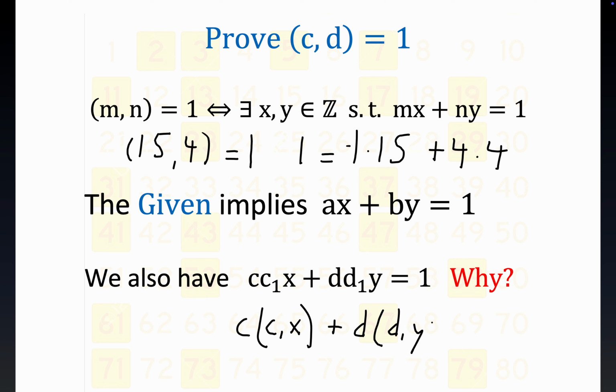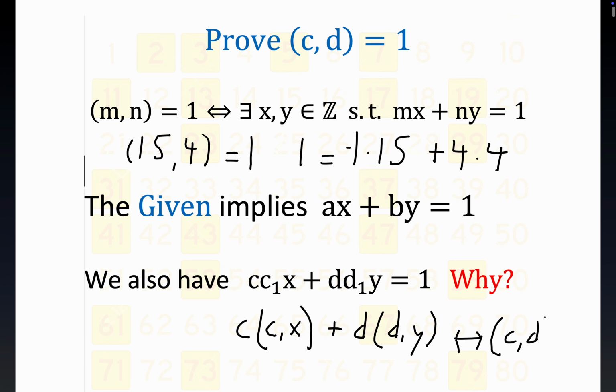You see, this implies, let me write the if and only if arrows, that the pair of integers c, d are relatively prime, or coprime. So this is a fairly simple proof. All you had to do is appeal to the definition of divisibility, and also this result that's famous from number theory. You can use the Euclidean algorithm. Right here, these numbers were small enough to where you could determine your x and your y. Again, this -1 would be your x here, and the 4 would be y.